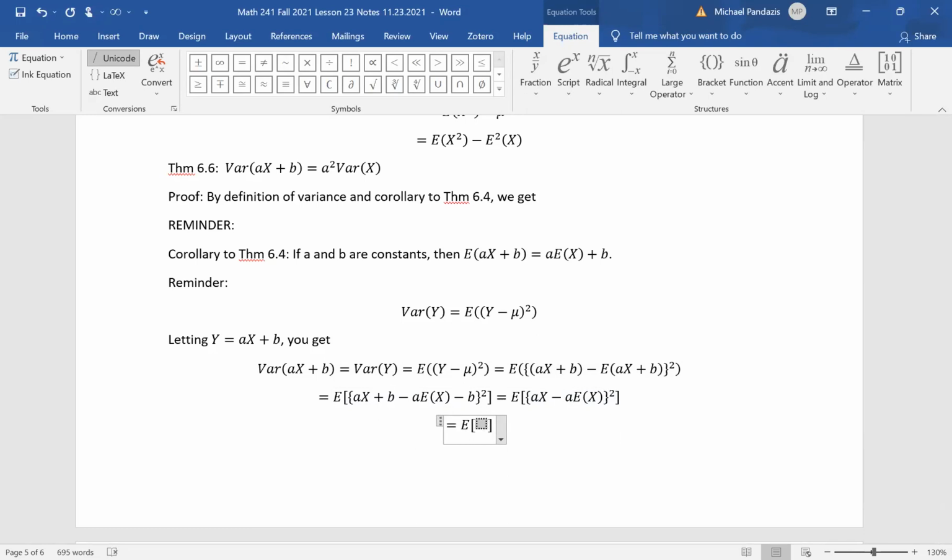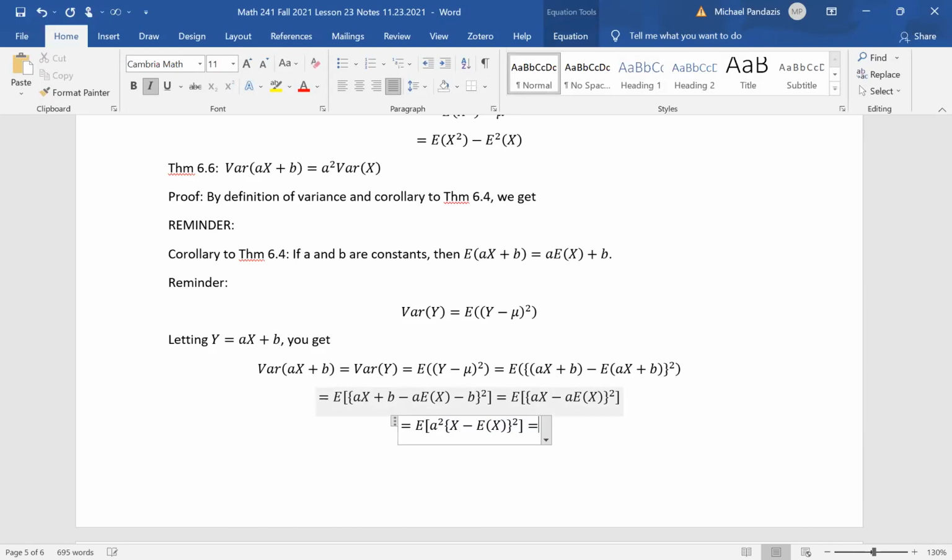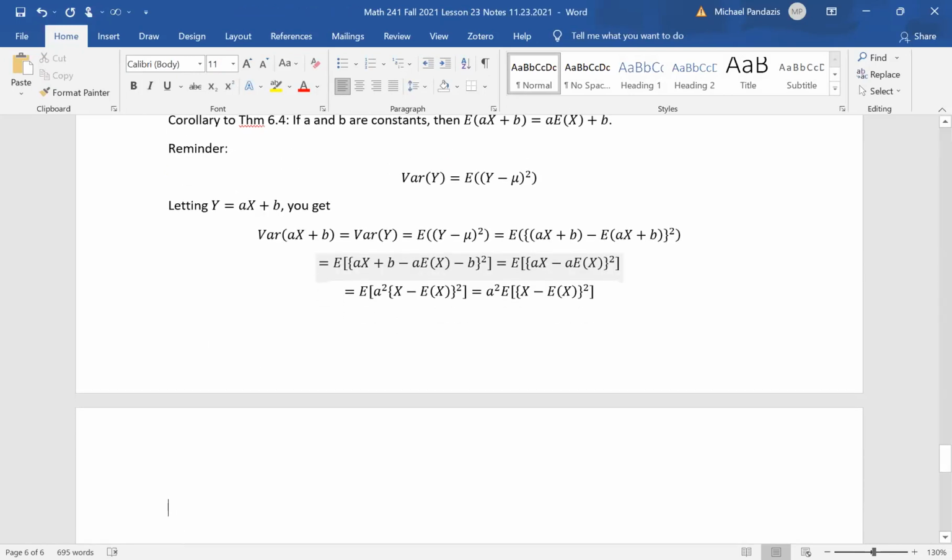So this is the expected value of... the A is going to come out. The A is inside the parentheses, and you're squaring the parentheses, so if you move the A out, you get A squared. And then in the parentheses, what's left is X minus E of X. Now you can take the constant out of the expected value and get A squared times E of (X minus E of X) squared.